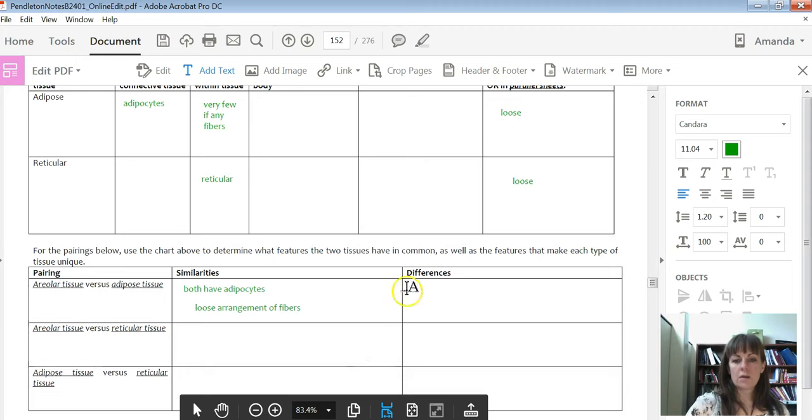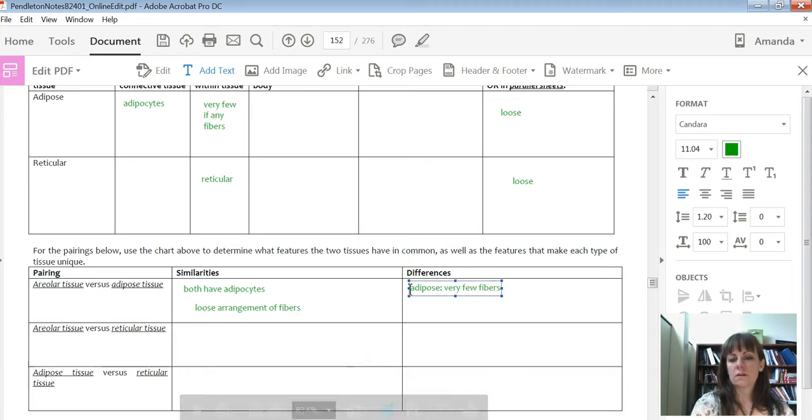Then they end up having a lot of differences. Okay, so adipose has very few fibers. It has mainly adipocytes and no other types of cells. And it has very few fibers.